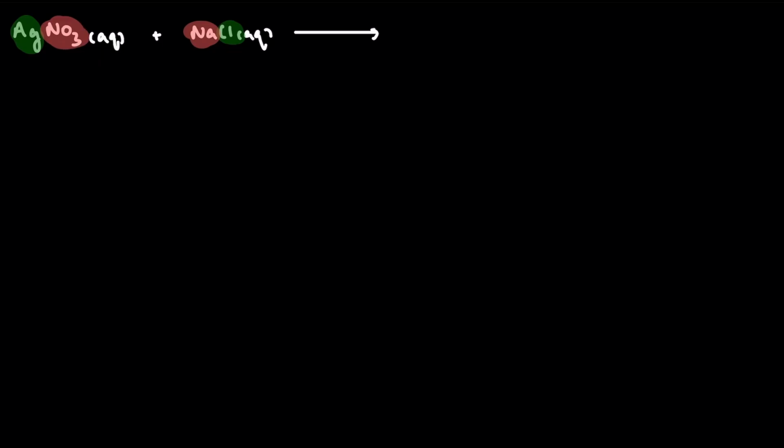So our product will simply be silver chloride and sodium nitrate. And we know that silver chloride is an insoluble precipitate and sodium nitrate is aqueous. Most things with sodium as a cation are soluble.